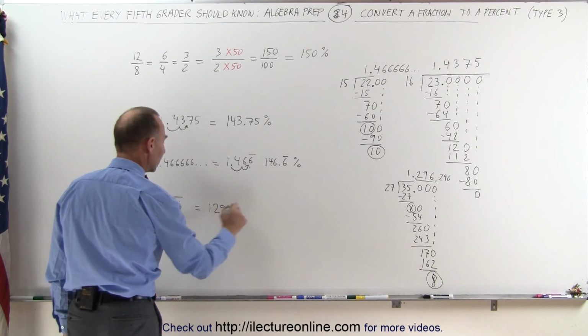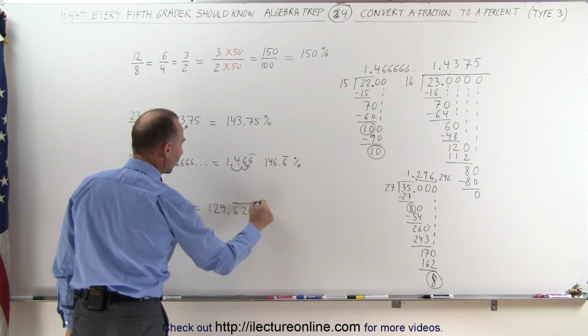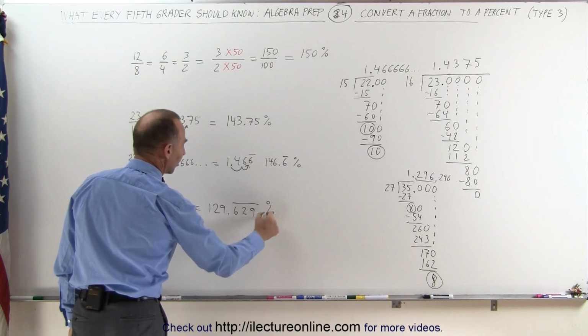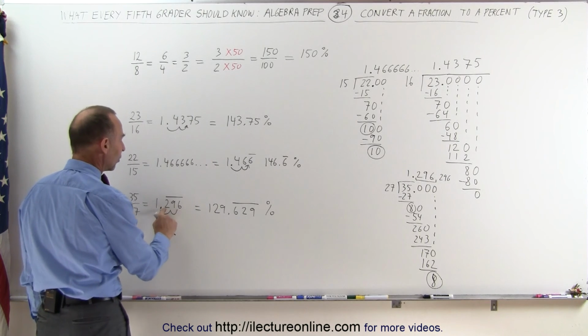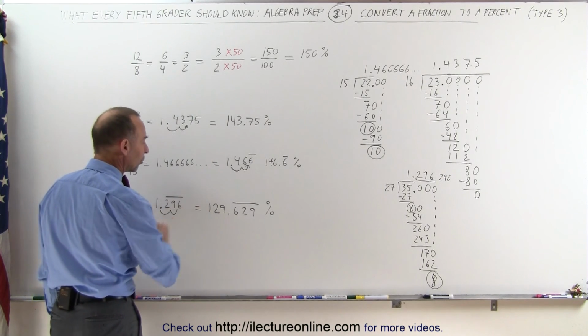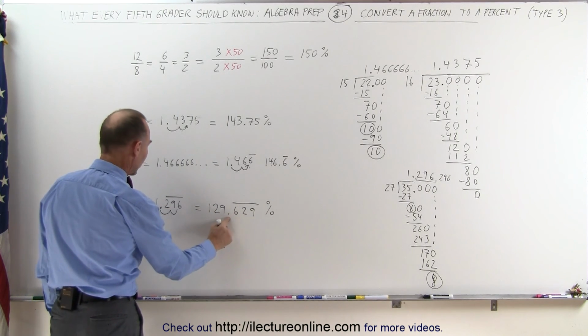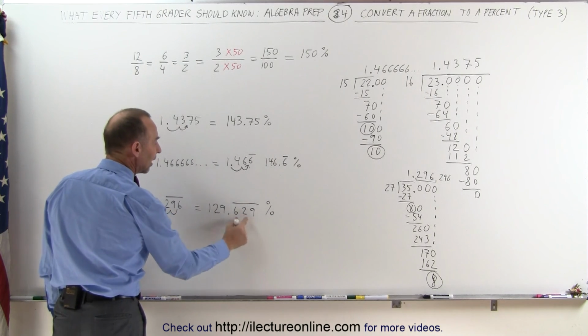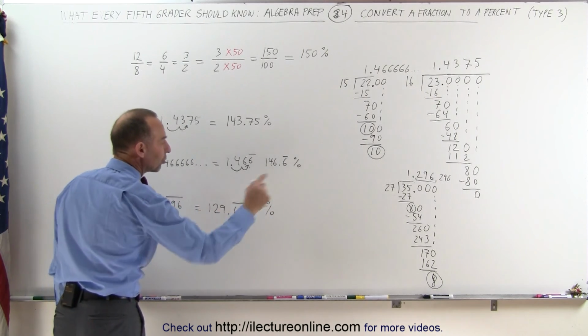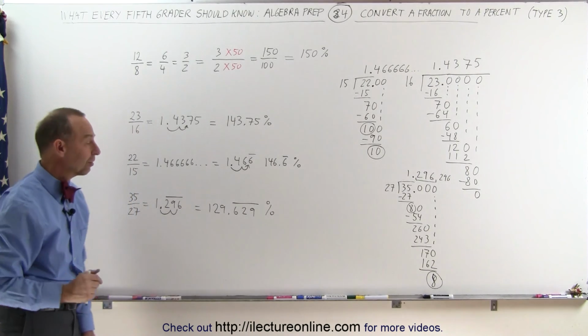I can repeat the 2 and the 9 right here, put a line over it, and call that percent. So what I did here was I added the numbers 2 and 9 again, because I know that's going to repeat. Put the decimal place over there, write it as a percent, and now we know that the numbers 629 will just keep repeating forever after the decimal place.